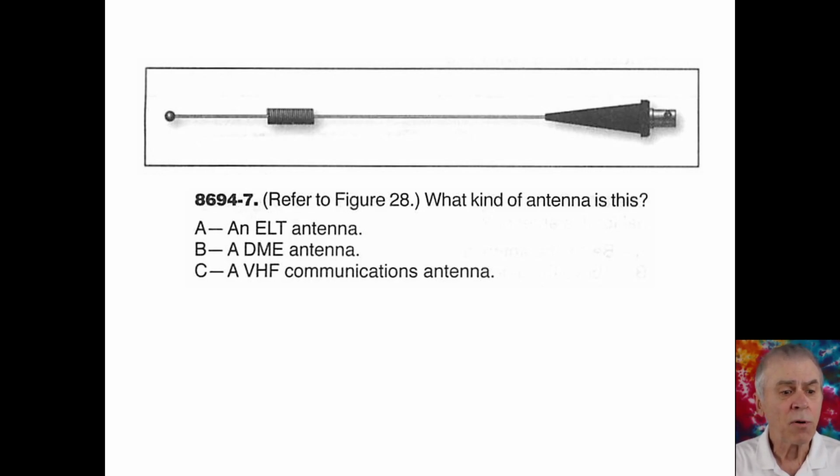A DME works a little bit on the same mechanisms as the VOR. So that's not going to be what a DME antenna looks like. How about a VHF communications antenna? You know, if it was just a fin, I might go for that, but this is clearly the ELT antenna. That probably came with the unit.